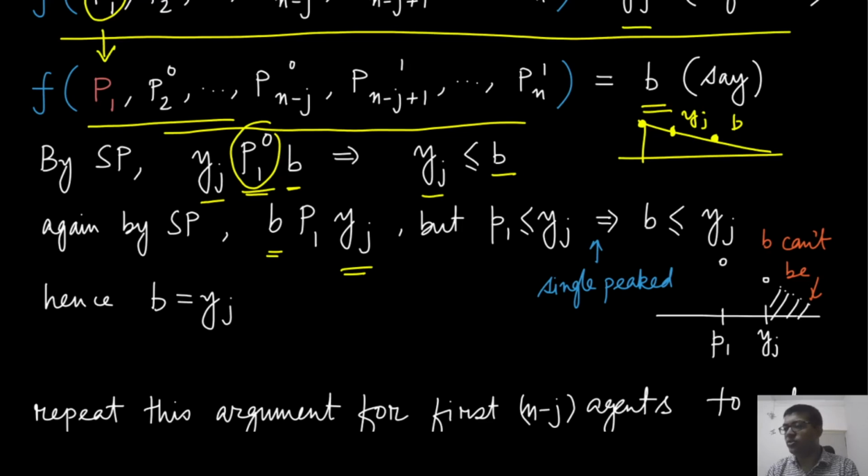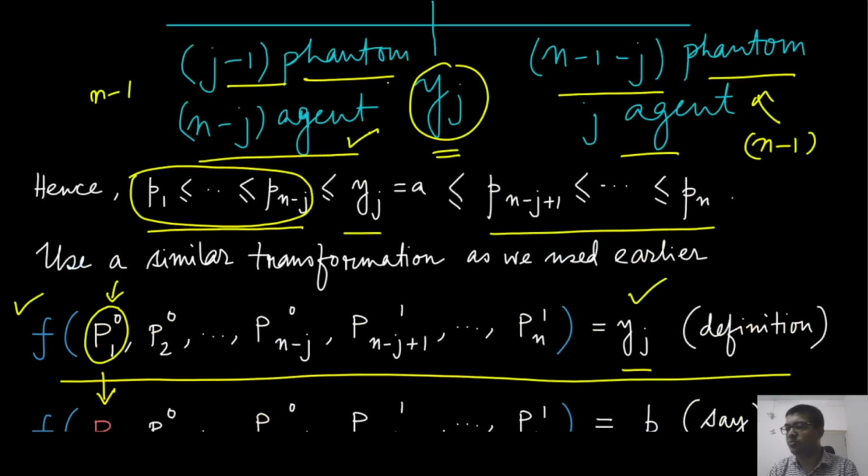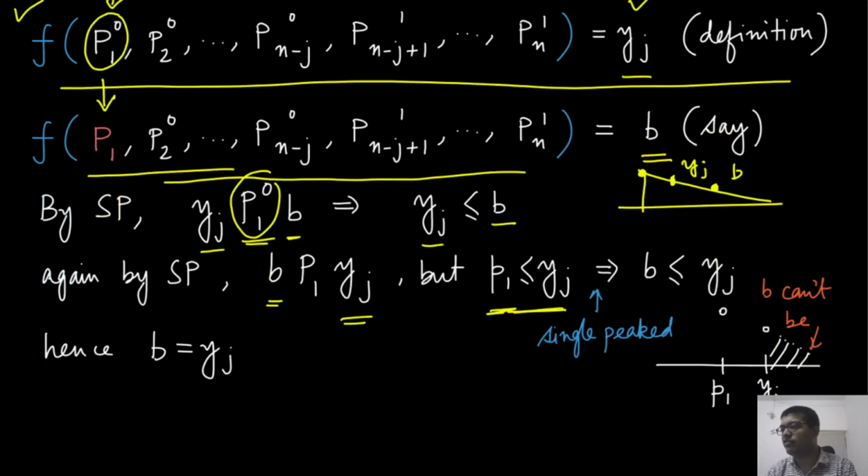Now we also know, because of what we have just proved, that by construction p1 is left of yj, and that this is single peak. So let's draw this figure here. p1 is the peak of player 1 in this preference p, and yj we have just seen is on the right hand side.